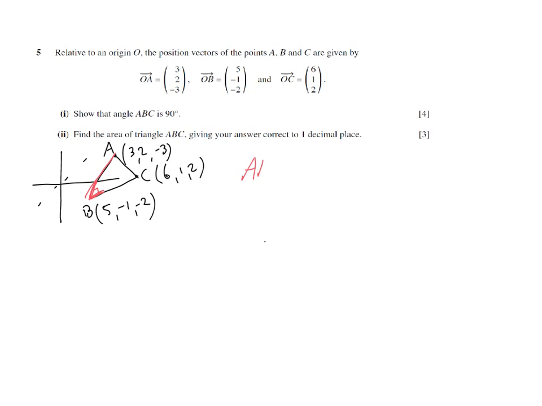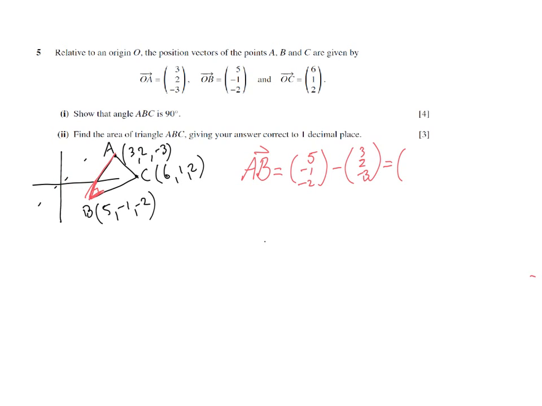How can I go from A to B? I take OB, 5, minus 1, minus 2, and subtract vector OA, 3, 2, minus 3. Why do I do that? Because to go from A to B, I have to go back to the origin and then to B. So it's negative OA plus OB.